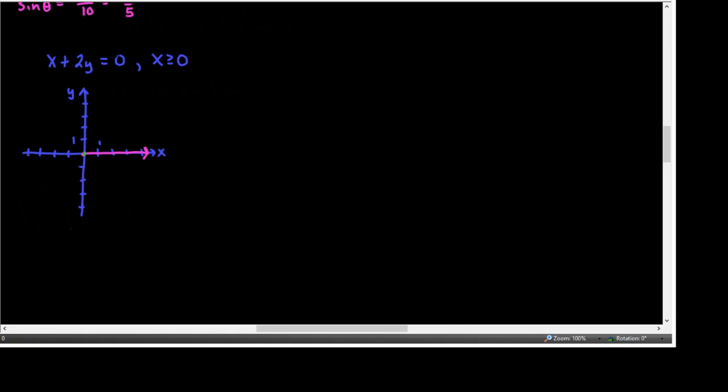Well, that something has to be -2. So y would be -1. So do you agree that 2 for x and -1 for y is a point on that? Sure. Or you could have used y equals mx plus b and solved for y. You would have gotten -1/2 x for y, and that means the slope is -1/2, so go down 1, right 2. Anyway, just saying.